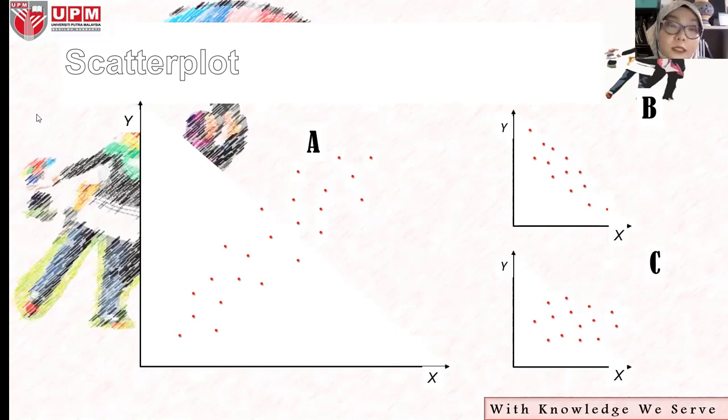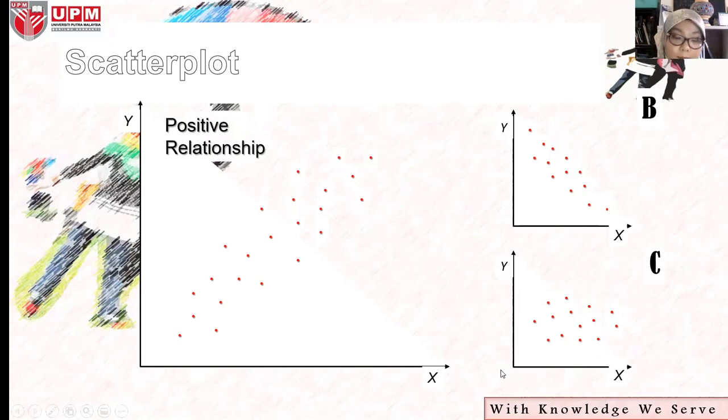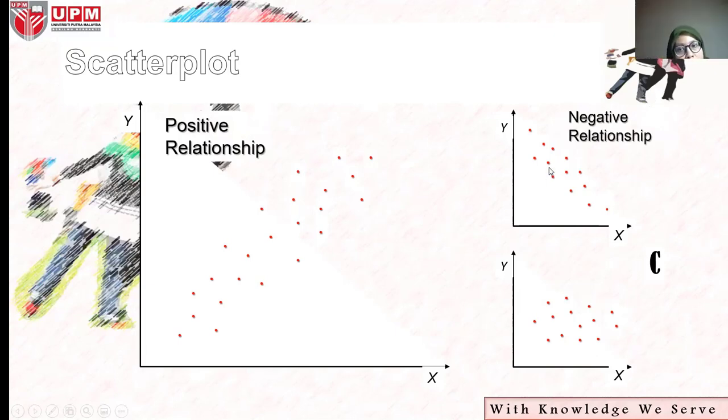There is a positive relationship between X and Y. The independent variable is located on the horizontal line, and the Y on the vertical line. The second one shows a negative relationship. The last one shows there is no relationship. This is the illustration.